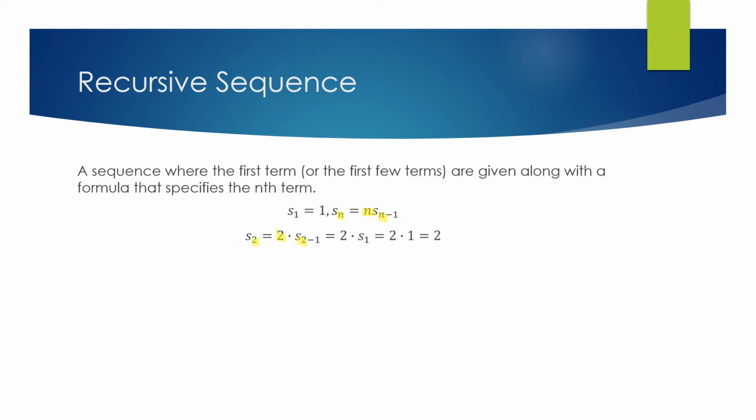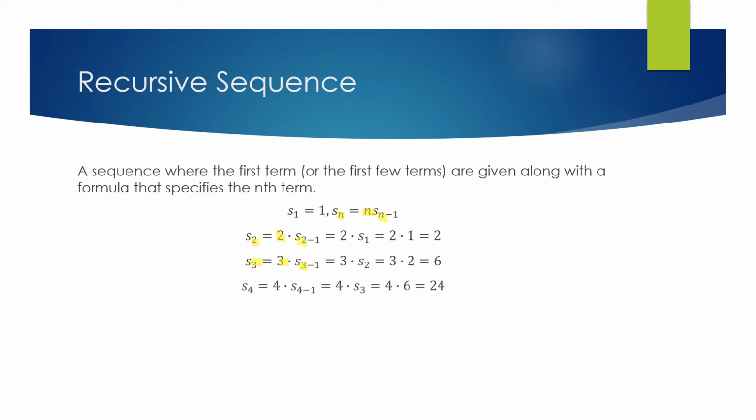Well, 2 minus 1 is 1, so S sub 2 is equal to 2 times S sub 1. That's 2 times 1, which is equal to 2. S sub 3 would be 3 times S sub 3 minus 1. So that's 3 times S sub 2, which is 3 times 2, gives me 6.